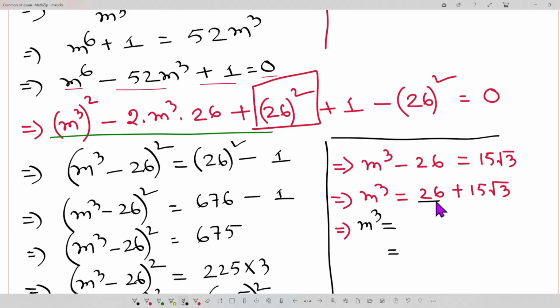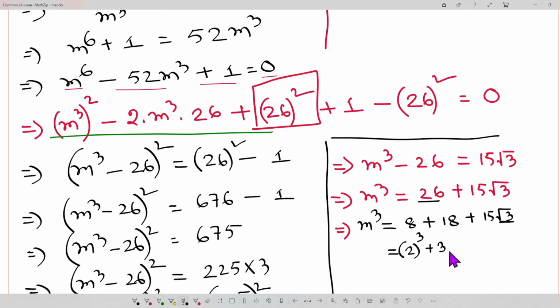It means how we can make 26 from a and b. Suppose we write this one as 8 and plus this one as 18, it means 8 plus 18 will be 26, and here 15 root 3 will be unchanged. And look, this root 3 is also a key point. How? This 8 we can write as 2 cube, right, plus 3a square b.